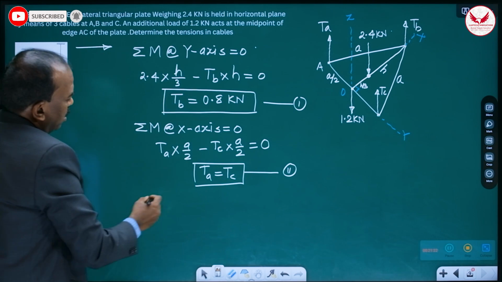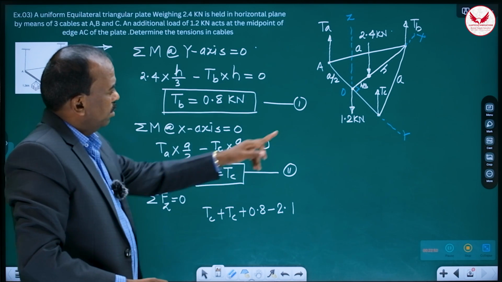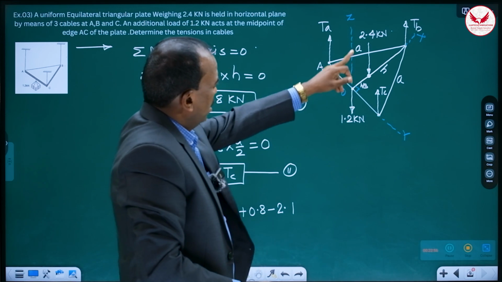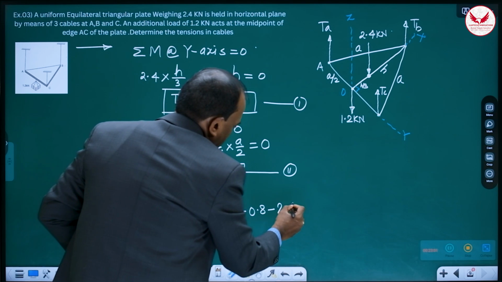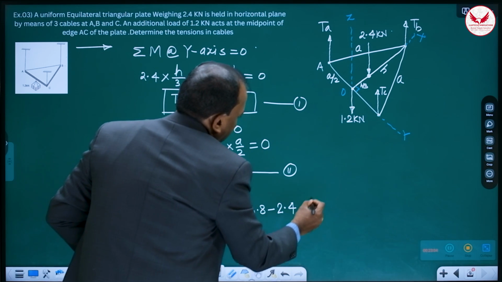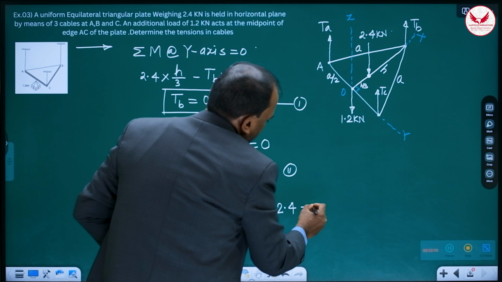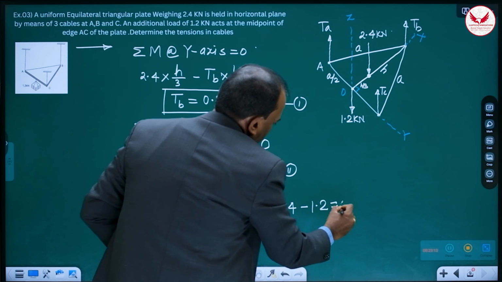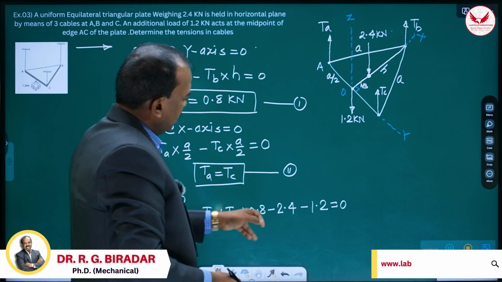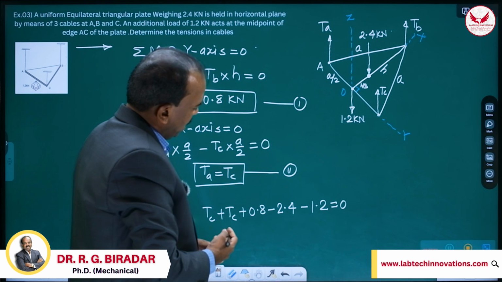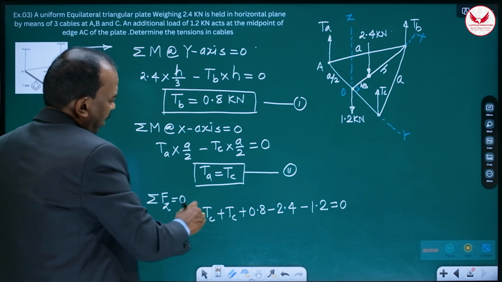And now third step is what? Summation Fz is equal to 0. TA, which is TC, plus TC, then plus TB is 0.8, minus weight 2.4, minus this also 1.2, it is minus. It is equal to 0. Means what we'll get? 2TC is equal to 3.6 minus 0.8, 2.8, divided by 2.